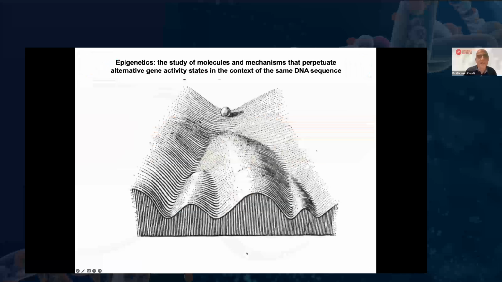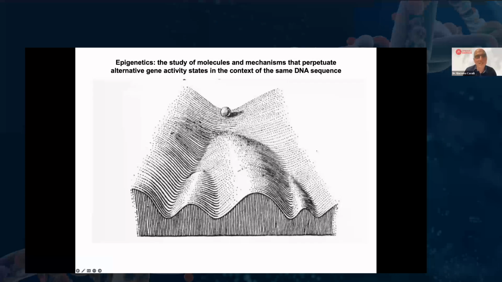On the other hand, this is the famous drawing picturing epigenetics, where people think, okay, we have your zygote here, which is going down the developmental path, and it finds different bifurcations, and it can take different fates. That is going to be the differentiated cell types.